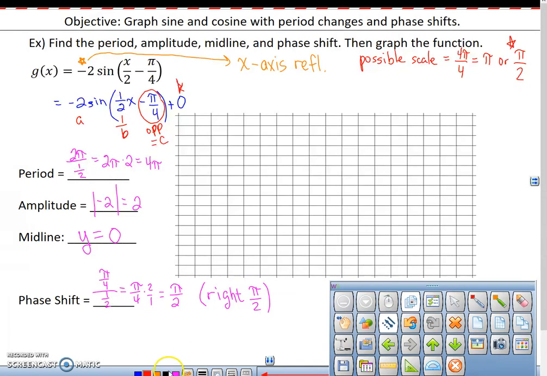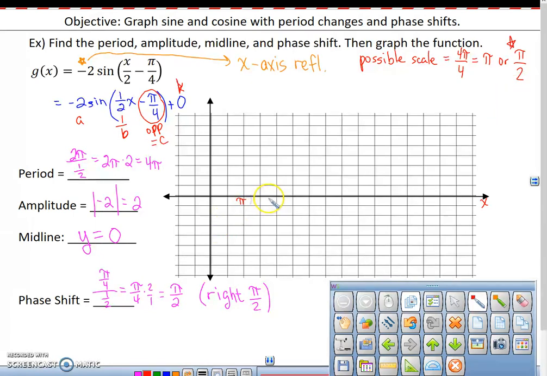All right. So we have an amplitude of 2, but our midline is still the x-axis. So we're safe with putting our x-axis in the middle of our graph. Then, our phase shift is to the right, so if we want to graph mostly left to right, we would push our y-axis over here to the left. All right, so I'm using this pi halves scale, so that means that every 2 squares will be a multiple of pi.